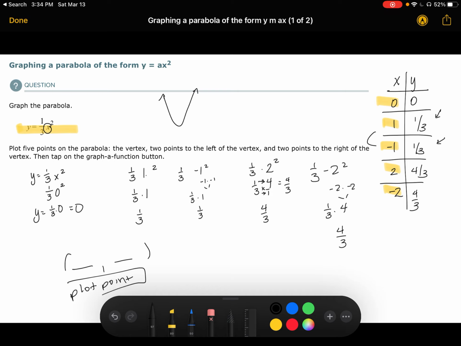Just put the point into the box and then hit plot point, because if you don't hit plot point, it recognizes it but doesn't actually plot. I would suggest you use that specific function on Alex when you plot these points, because it'll get tricky to get in the right spot when you're just eyeballing it.